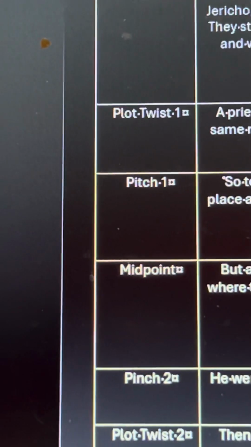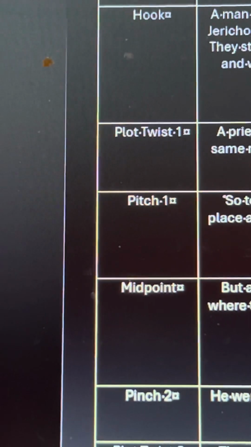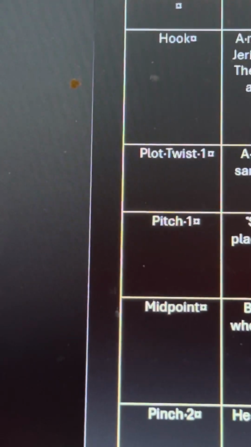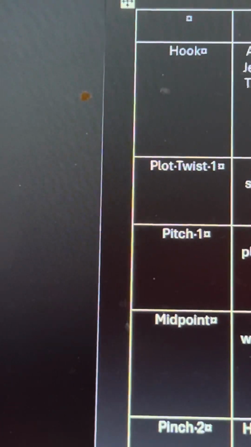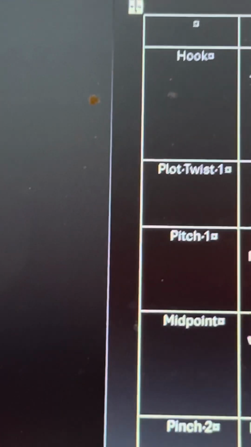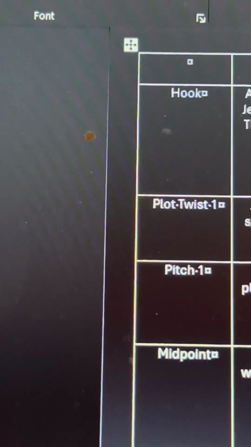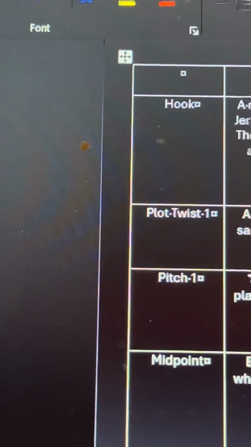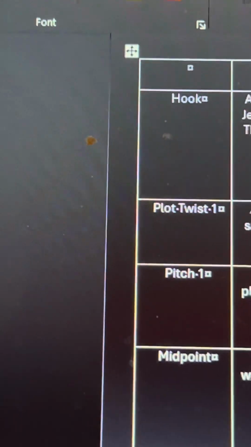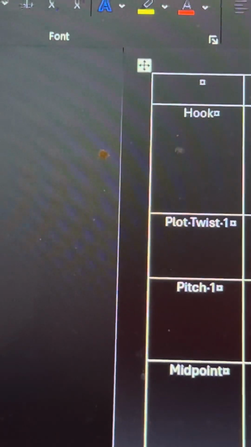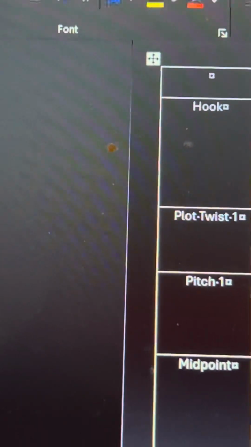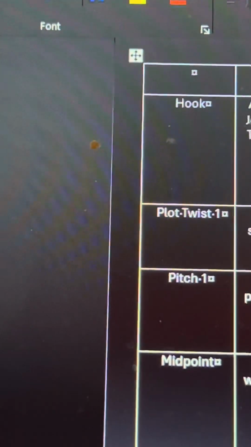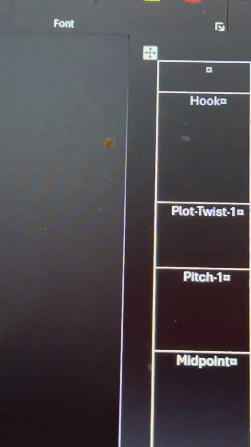Now we move on to plot twist 1. You've got the hook, and then you have a plot twist. And this adds to the hook. The reader's interested, so you add a plot twist to further that interest. Something happens, something turns the story to make it even more interesting, to make you want to know more.